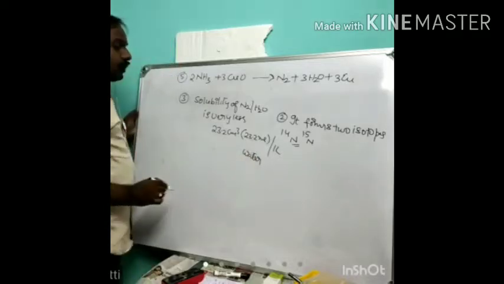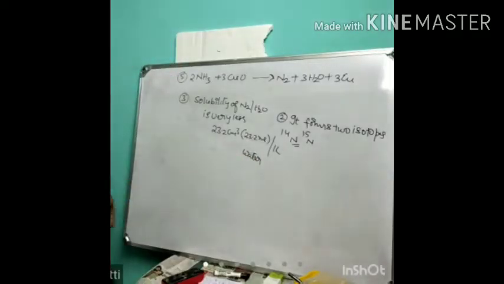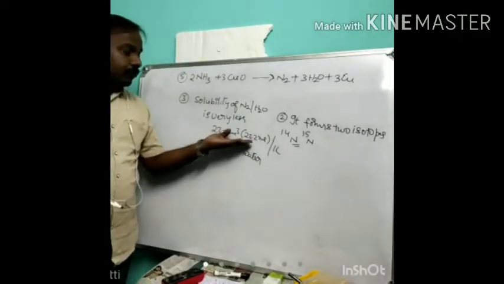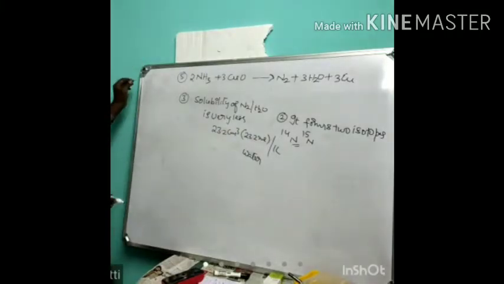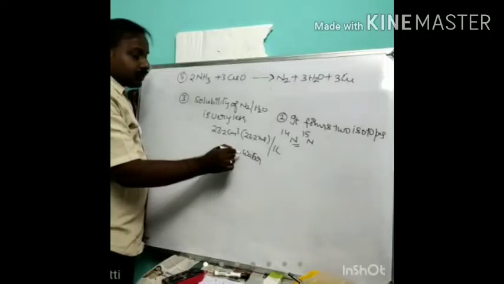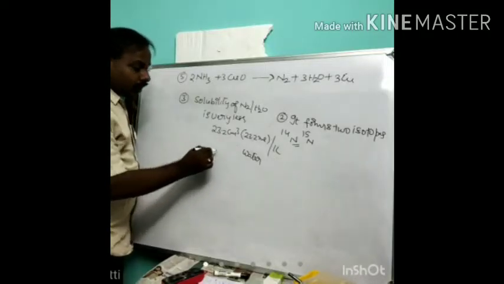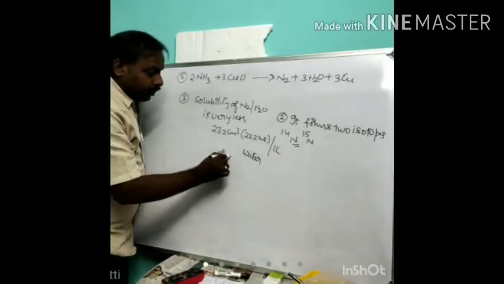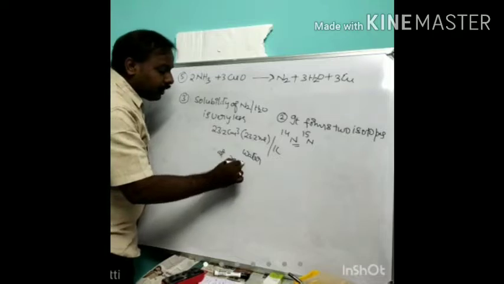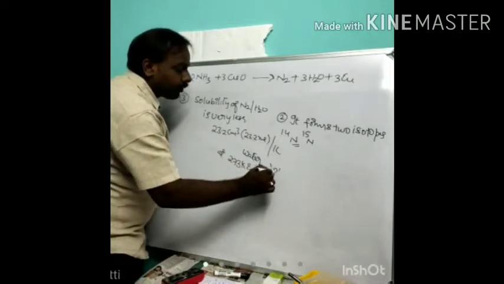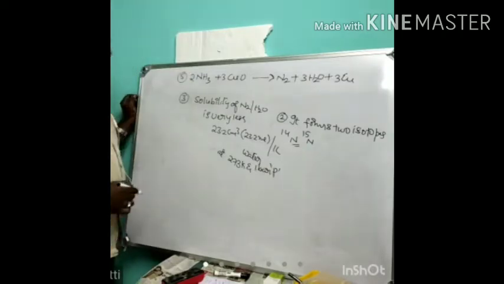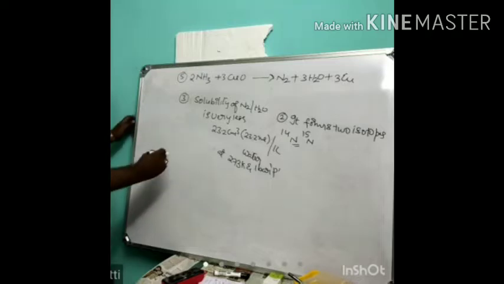Only 23.2 ml of nitrogen dissolves in 1 liter of water at 273 kelvin and 1 bar pressure. So its solubility in water is very, very less.